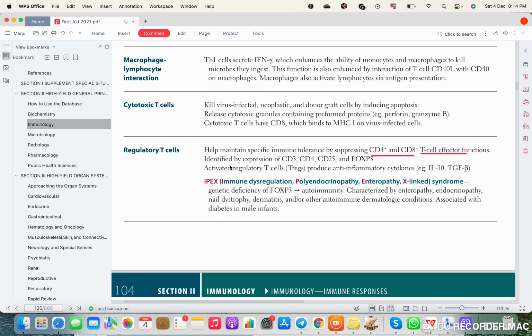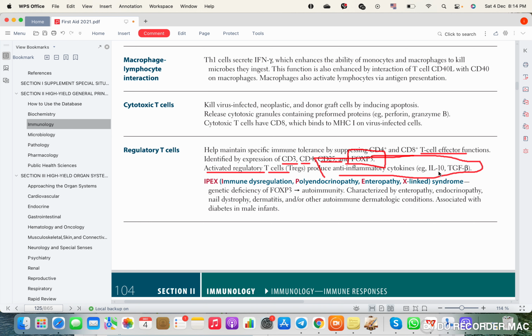Why is it important? Because if this guy is dysfunctional, a problem will happen. So let's see what happens. It's identified by the expression of CD3, CD4, CD25, and the most important thing here is FOXP3. Activated regulatory T cells, which are Tregs, produce anti-inflammatory cytokines, which are basically interleukin 10 and TGF-beta.